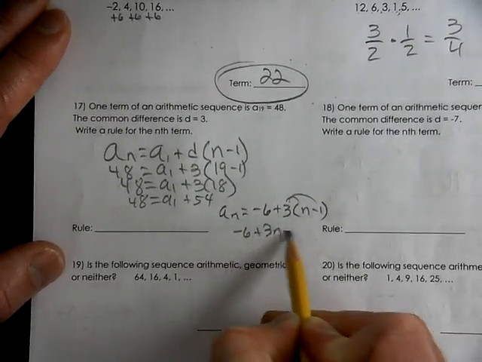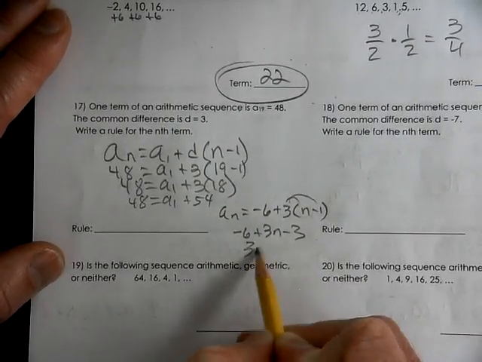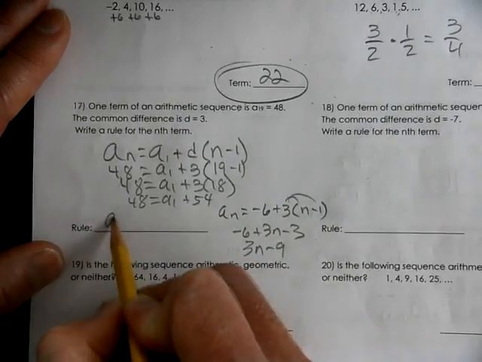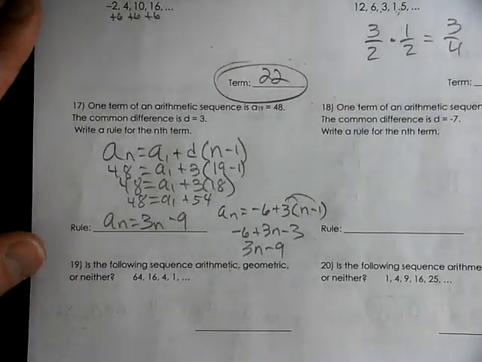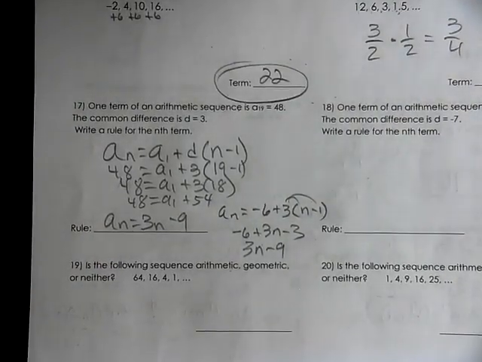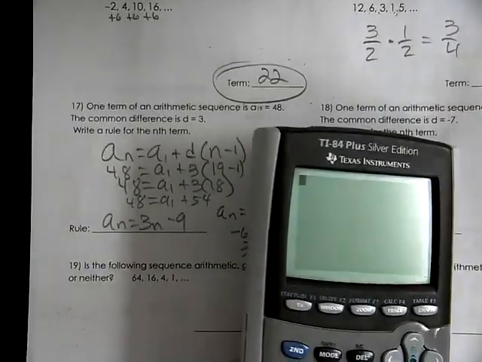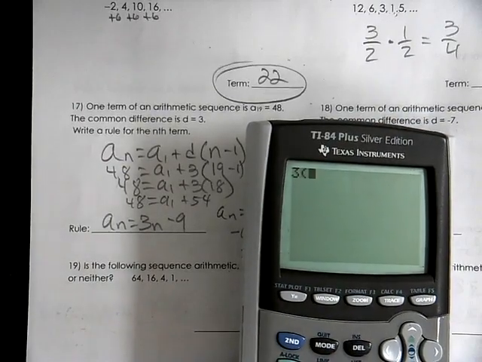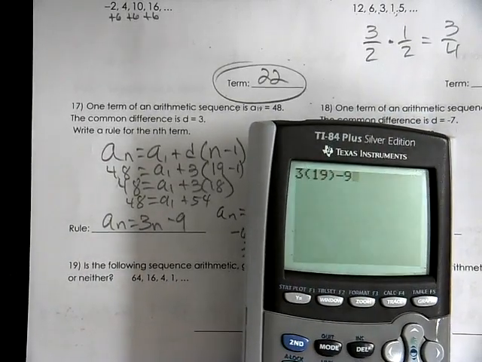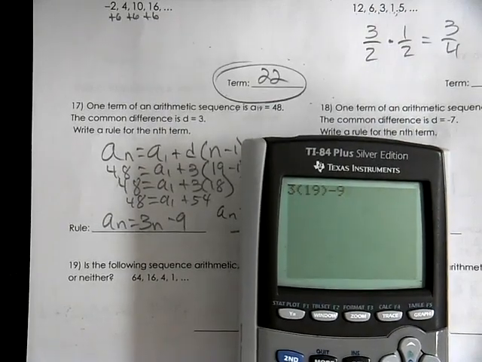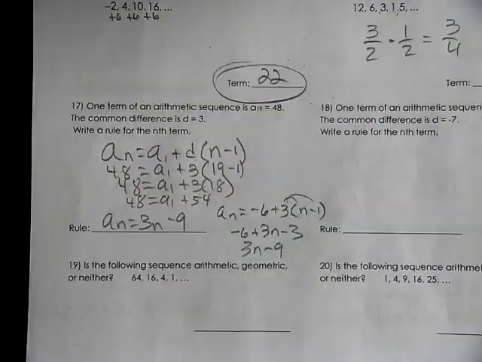Negative 6 plus 3n minus 3, so that's 3n minus 9. And we should be able to test this out. If I plug in a 19, so 3 times 19 minus 9, I should get 48. Perfect.